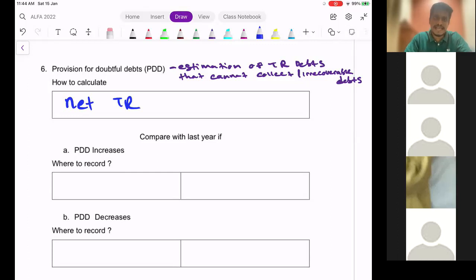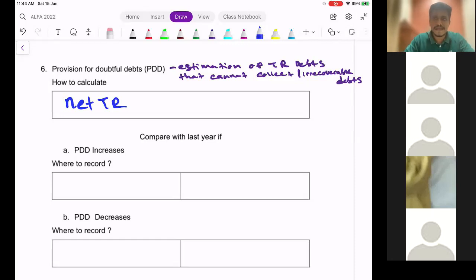Net trade receivable is the trade receivable after you minus all your irrecoverable debt. So if you know the guy definitely not going to pay you, we just exclude that, or we can call that total trade receivable that we will receive.